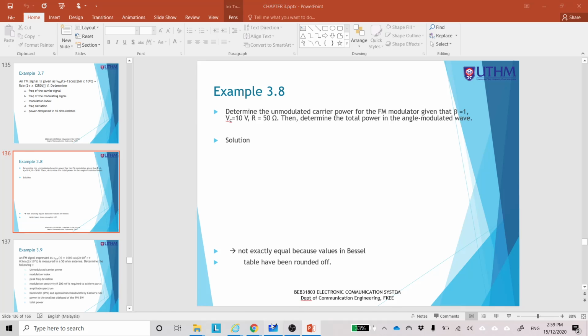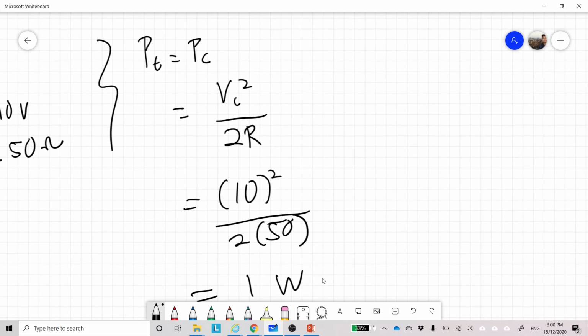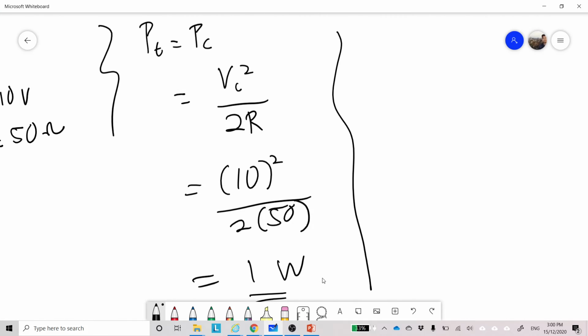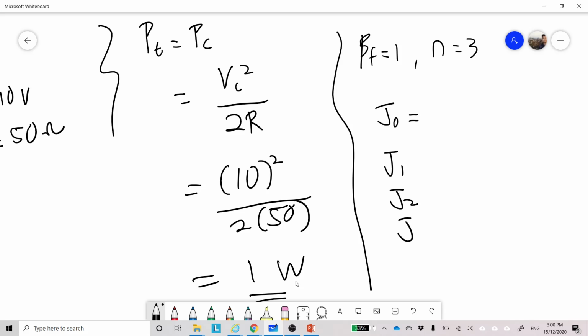So, apa maksud dia? Kalau you gunakan Bessel table, beta equal to 1, that means n equal to 3. Kalau you lihat dalam Bessel table, dia ada J0, J1, J2, J3.